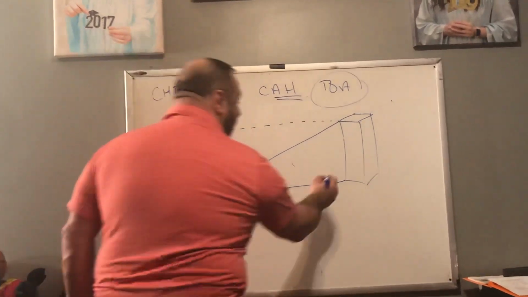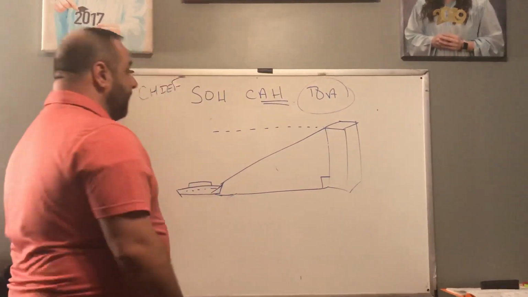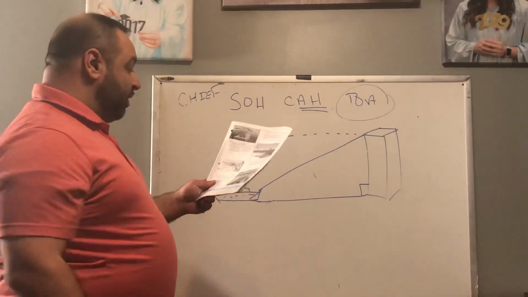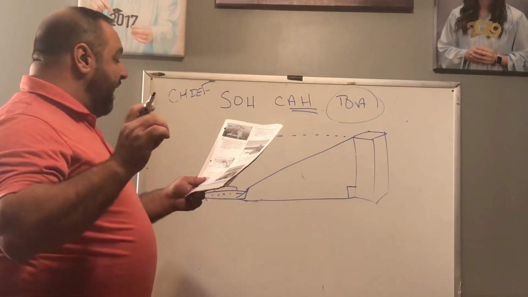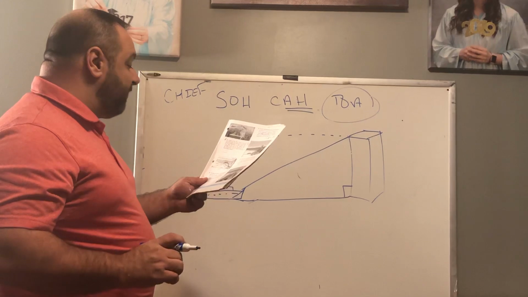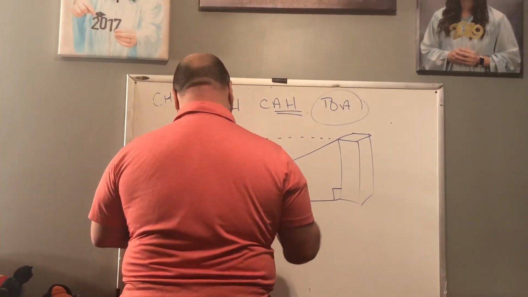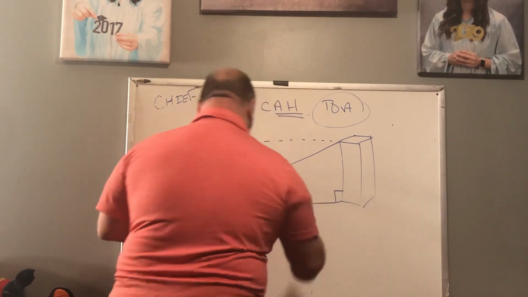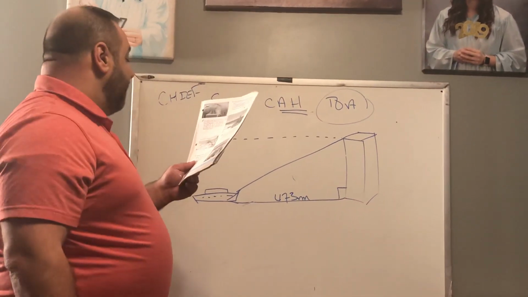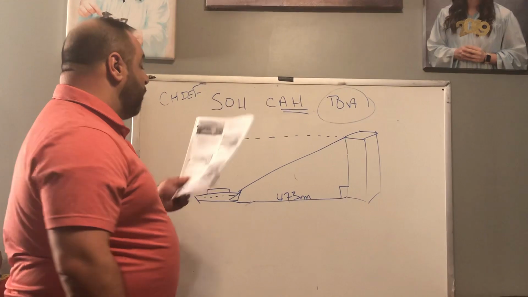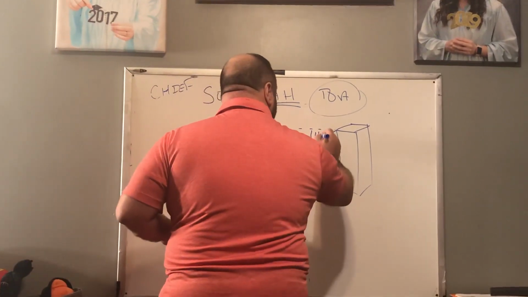We have our right angle here. Now, let's put our numbers in. We have the angle of depression of a ship 473 meters away, and the angle of depression is 41 degrees.